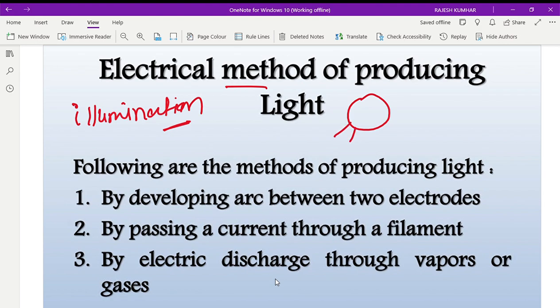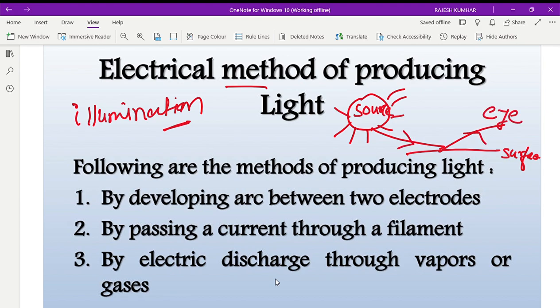Suppose this one is the source, this is the surface, this is the human eye. The light coming from the source interacts with the surface and is reflected from the surface to reach the human eyes; the complete process is called illumination.